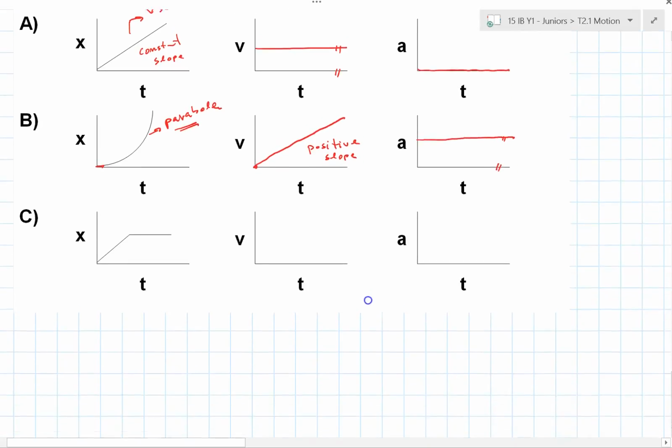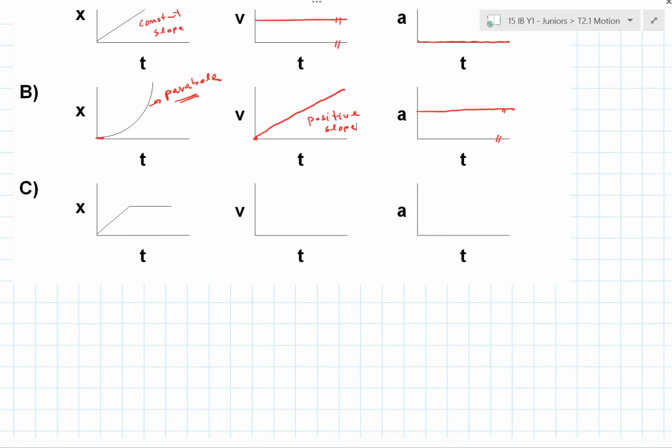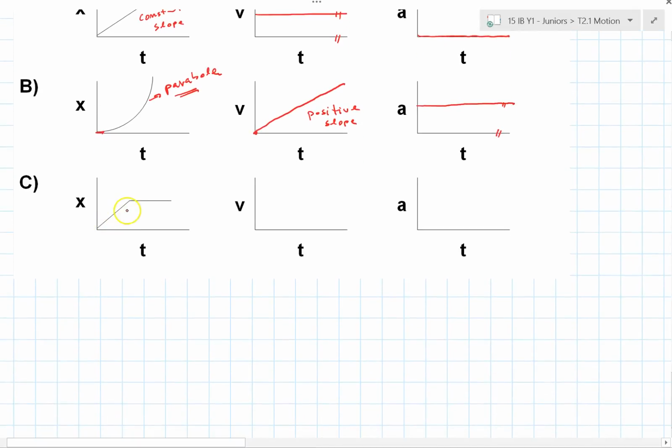Finally, the last one is going to be my position is moving in a straight line up to this point here, and then after that the particle basically just stops. So this here is particle at rest, and this here is particle moving at a constant velocity.